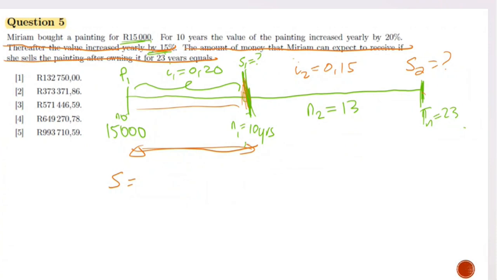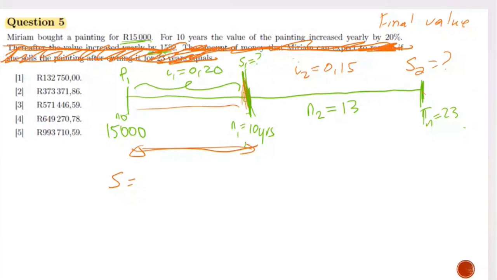And then what is the final value? I think we can use normal simple or compound. Assume this thing does not exist as far as we are concerned.